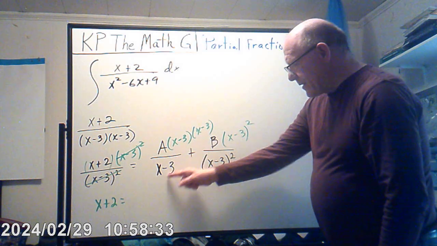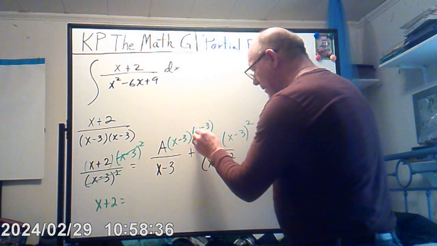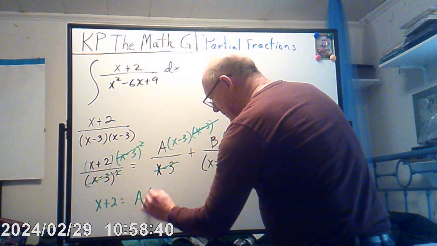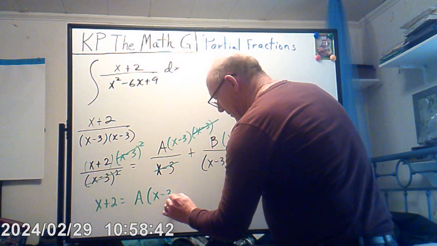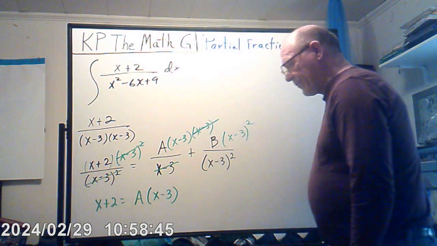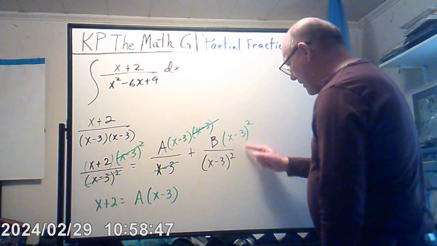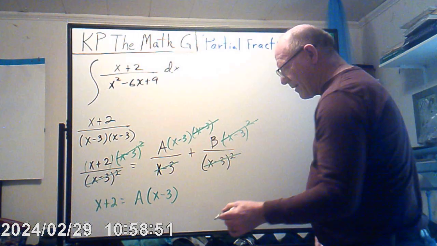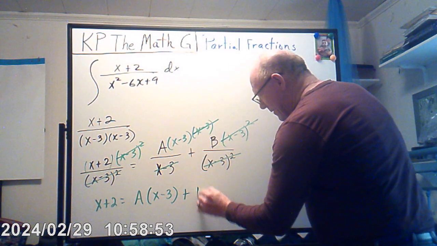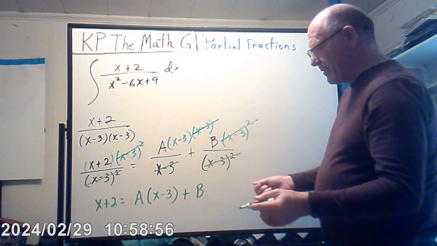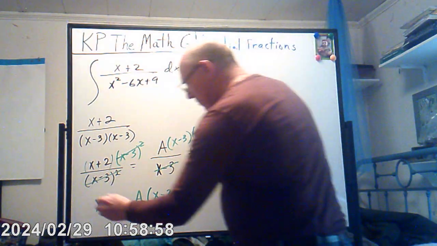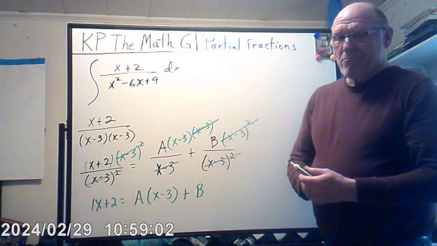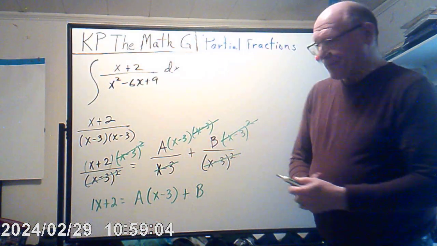Then one of these x minus 3's cancels with this one, so I'm left with A times x minus 3. This one has both of them, so I can divide both out. I'm just left with B, with a 1 in front of it. There's a reason for it, but it's okay.